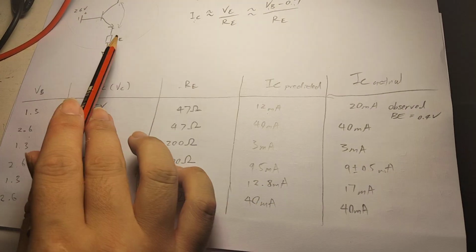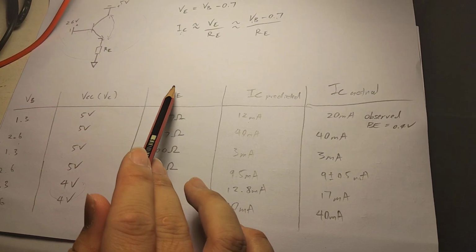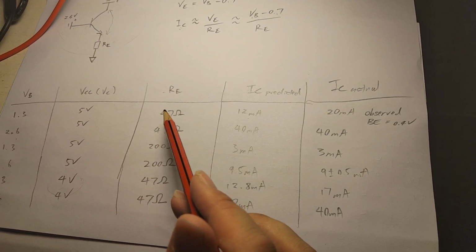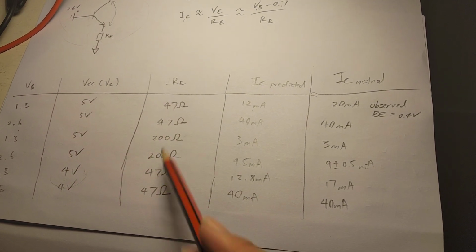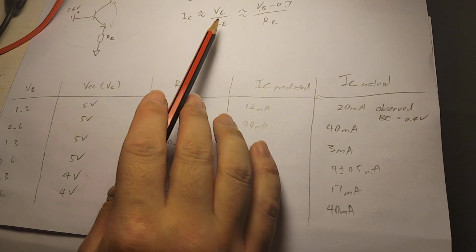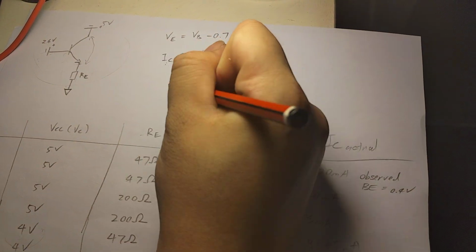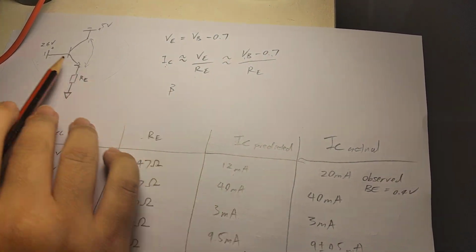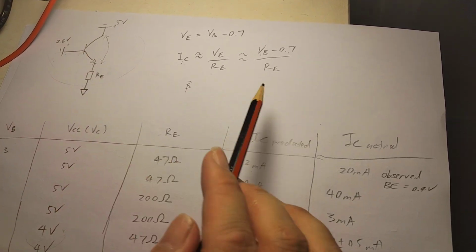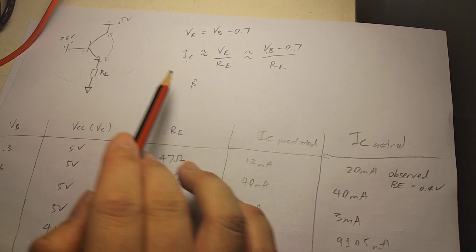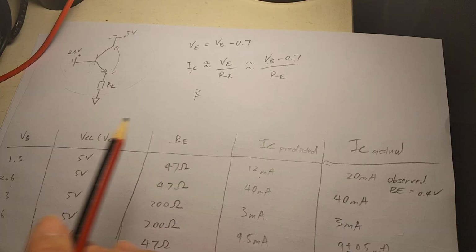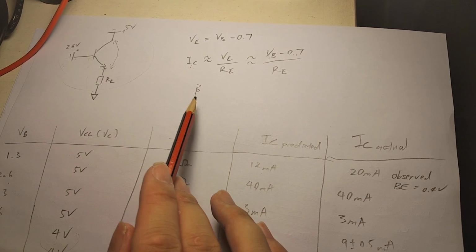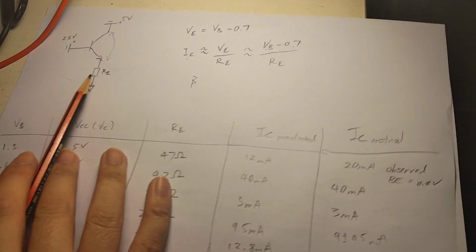And then varying the resistor on the emitter from 47 to 200 ohms. And then, as you can see in this equation also, beta does not factor in. So the transistor does not actually determine the collector current. All the other components can entirely decide what collector current we get in the amplification.